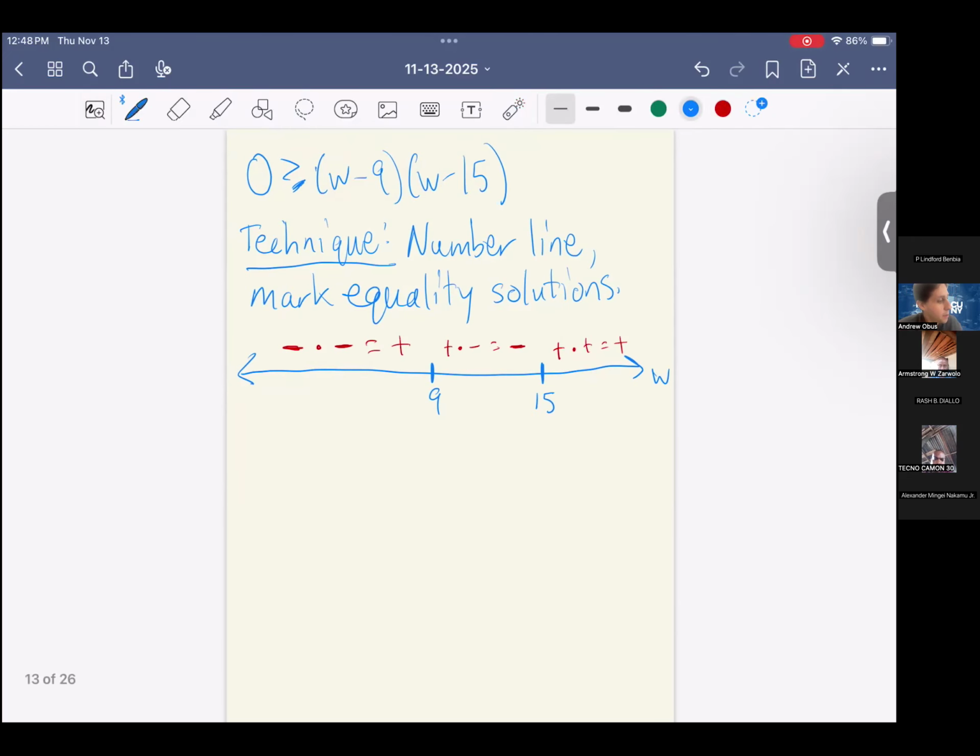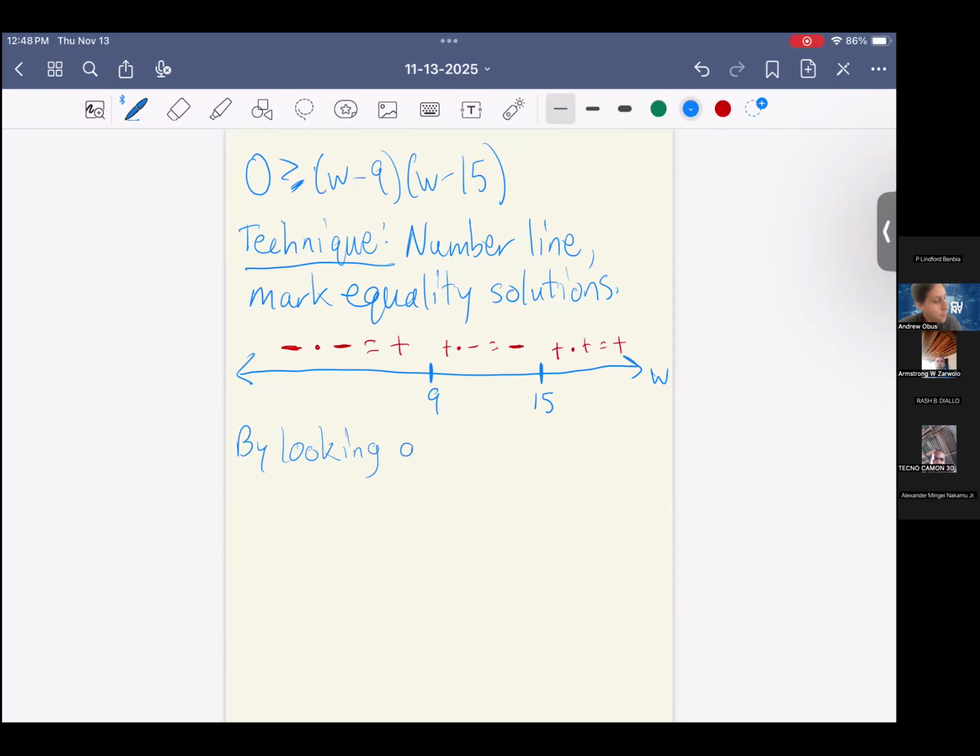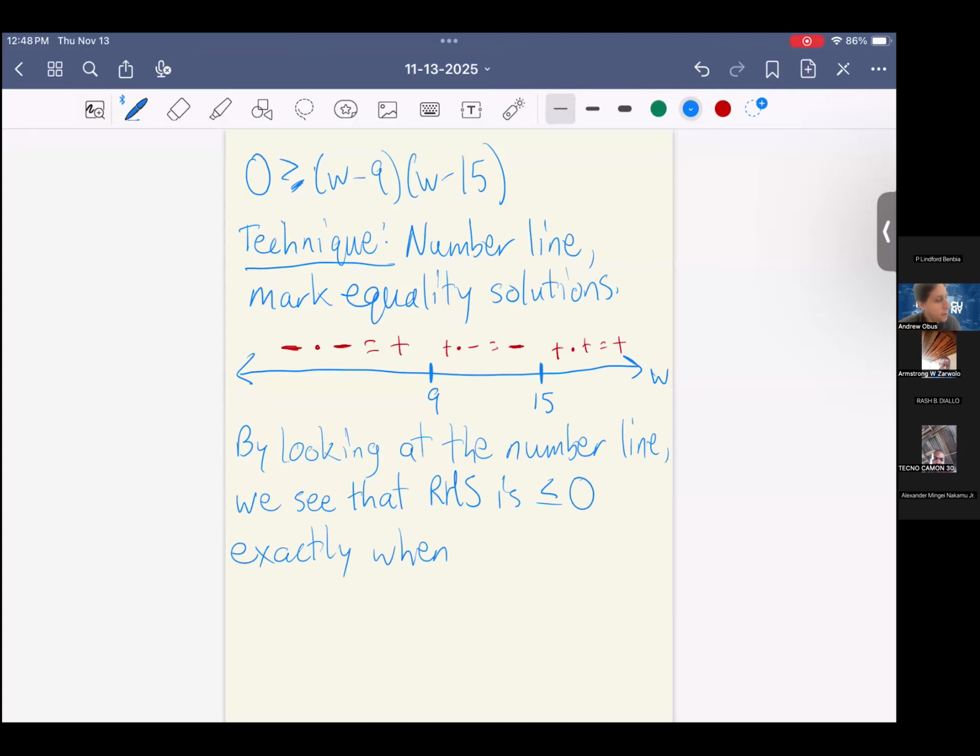So I'll say by looking at the number line, we see that the right-hand side, I'll abbreviate that as RHS, is less than or equal to 0 exactly when W lies between 9 and 15.